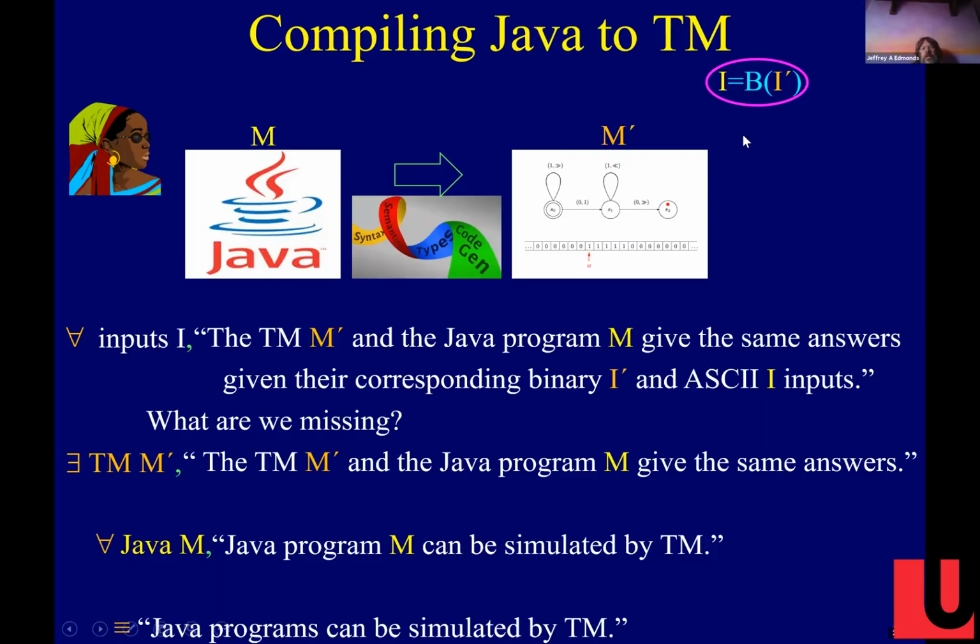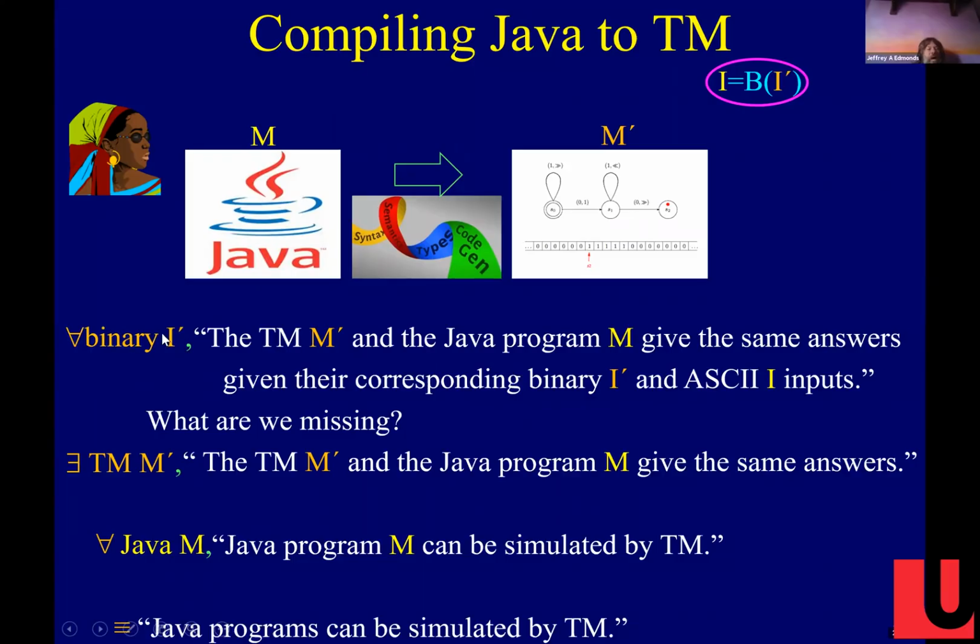And so here, what are we saying? What's the corresponding input? You give me some binary input, and I can translate it into an ASCII input, right? That's why we're given the I prime.